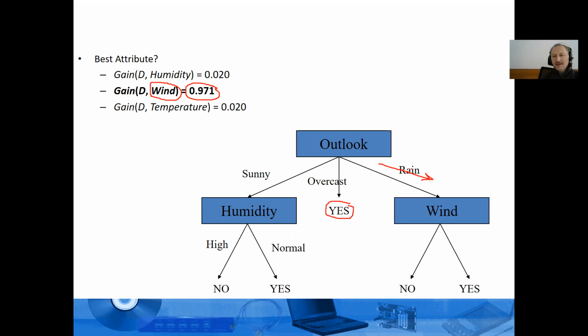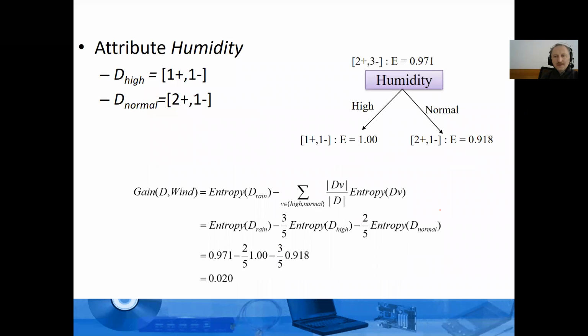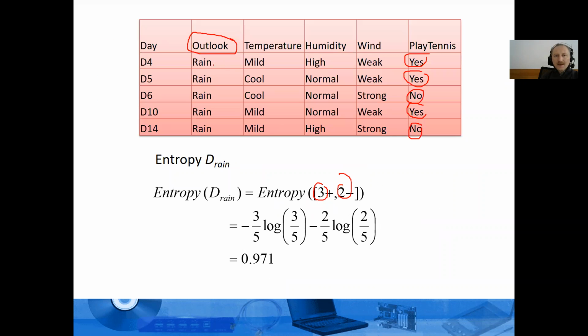If outlook is rain, wind, weak. Yes. Rain, wind, weak.